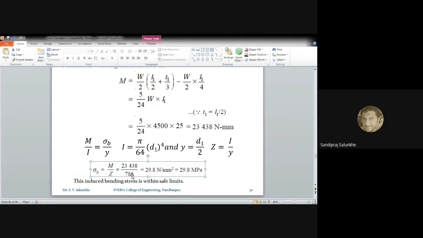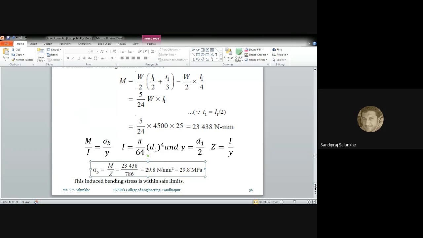Okay, so that is the section modulus. It is not required to have the approximation, but we have taken the value as 786. So M which we have calculated, that is 23,438, divided by 786, and we are going to get the value of sigma b, that is bending stress, equal to 29.8 megapascal.